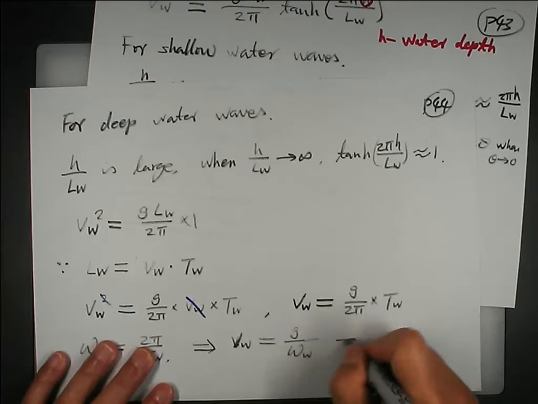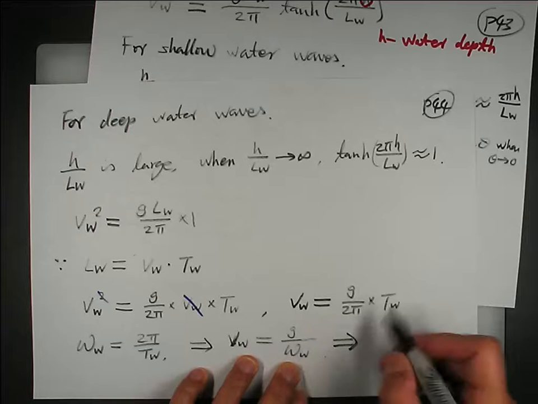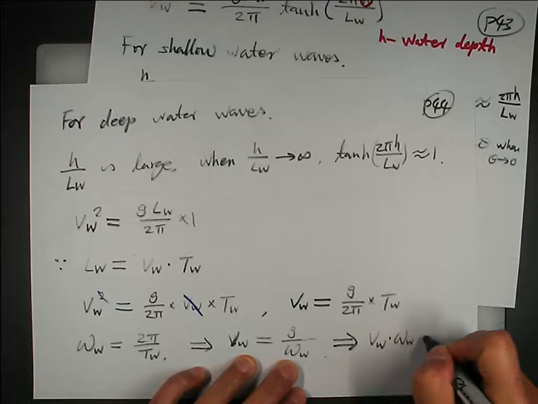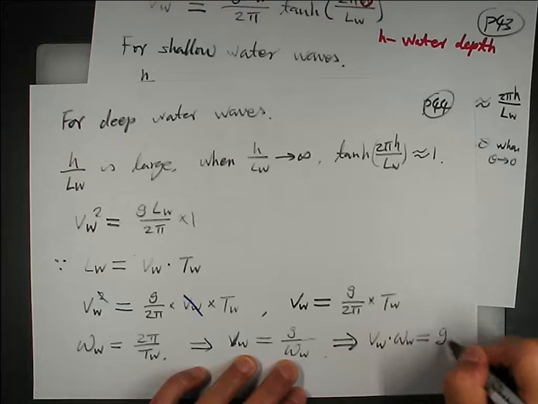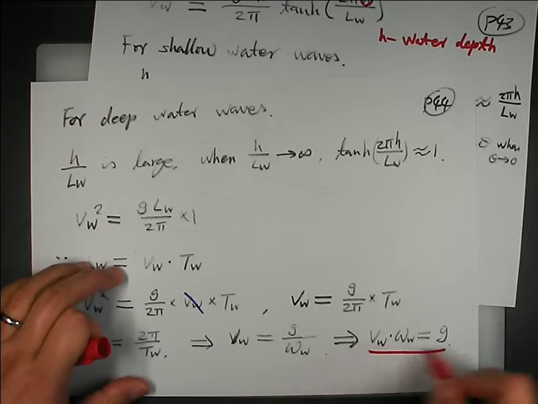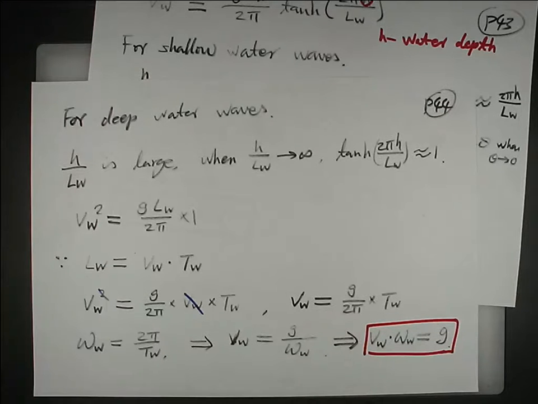Then multiply by omega W on both sides, and we got V W times omega W equal to the constant g. Okay. This is the dispersion relationship of deep water.